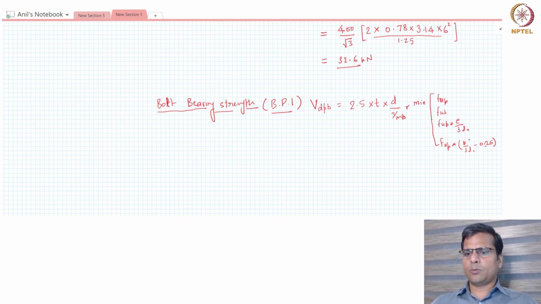Now there is no matter of pitch here because there is only a single bolt, so there is no pitch. So this part will be ignored.